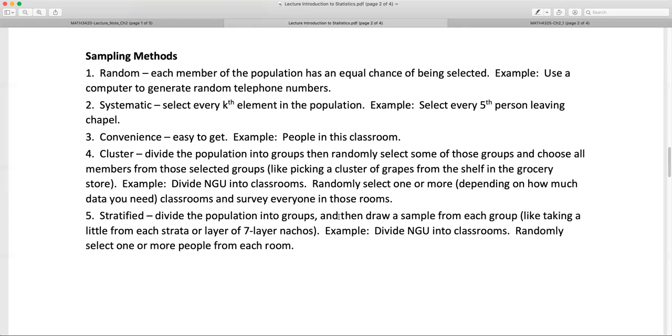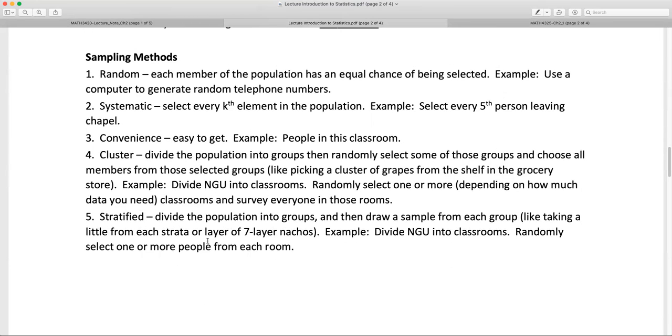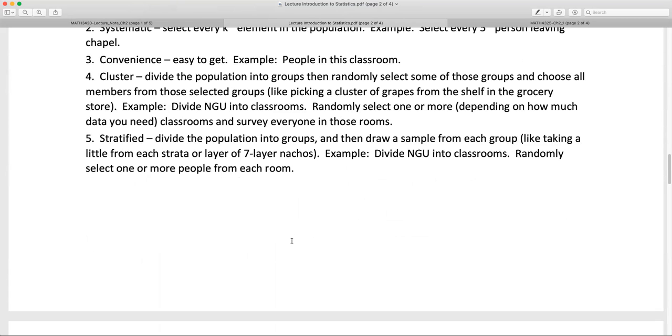Divide the population into groups, and then draw a sample from each group, like taking a bite from each strata or layer of a seven-layer nacho. The example is divide the school into classrooms, randomly select one or more people from each room. So that's the big difference. Stratified means we first divide the population into groups, and then select some of them, not all of them, from each group. Keep this in mind.